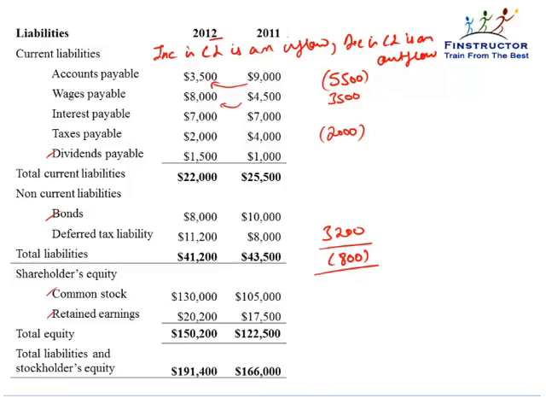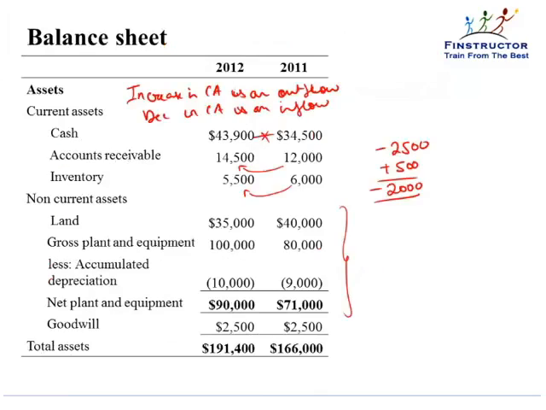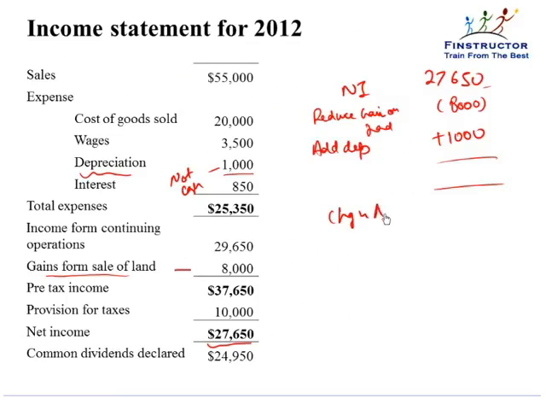So if we sum the various adjustments, $800 negative from the liability side, $2,000 negative from the asset side, change in assets is a $2,000 negative, change in liabilities is a $800 negative.